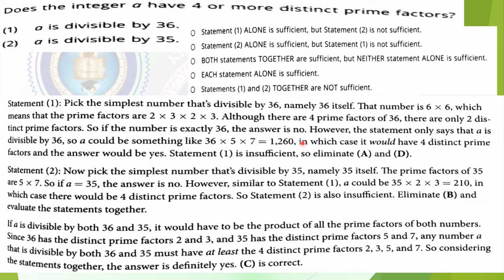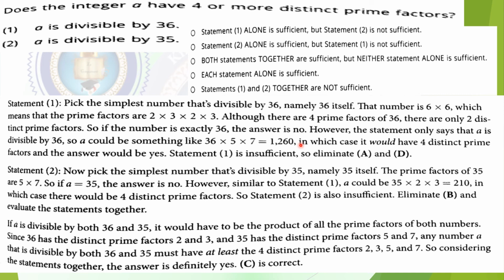Any number divisible by 36 can be taken as the value of A. Then find the factors of 1260 and check whether you get 4 different prime factors. Yes, of course you get 4 different prime factors. So in one case you do not get them, in another case you do. Two different answers, so from the first statement it is not possible to determine.